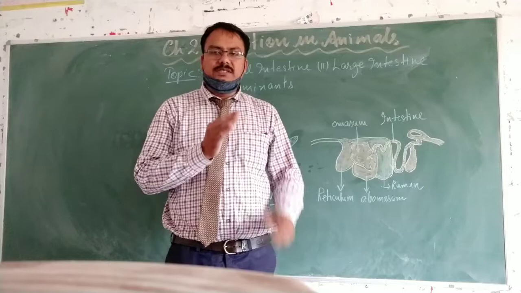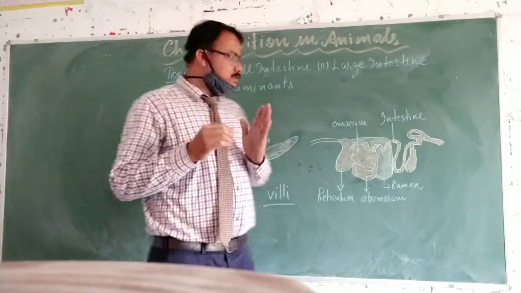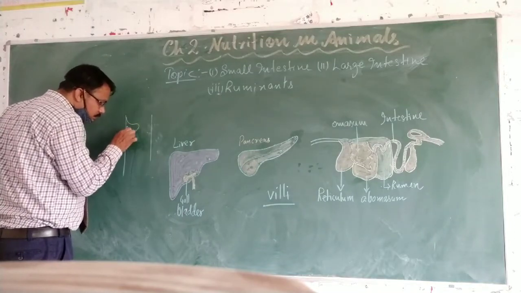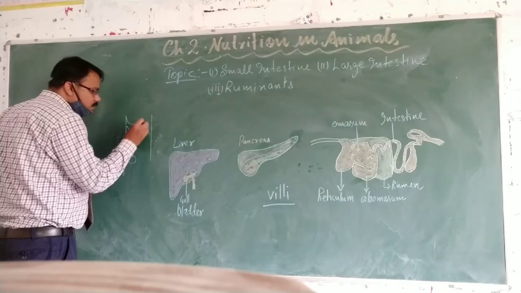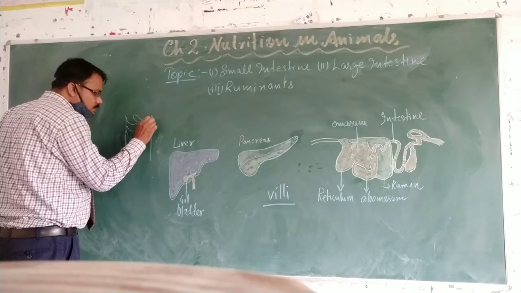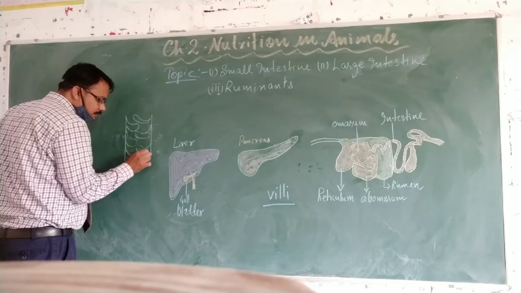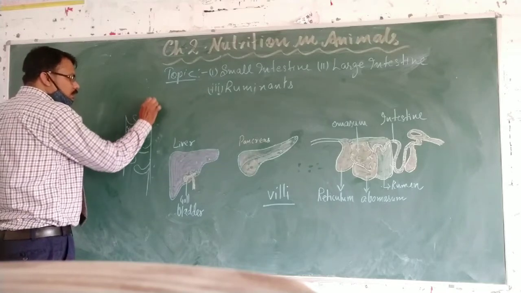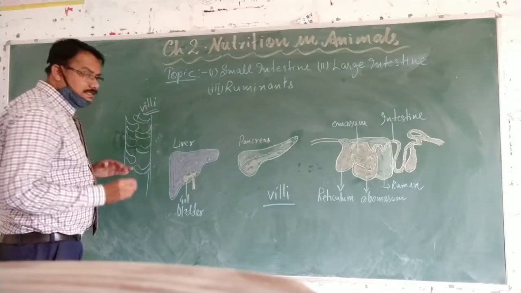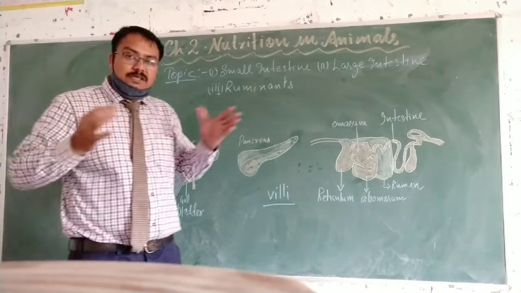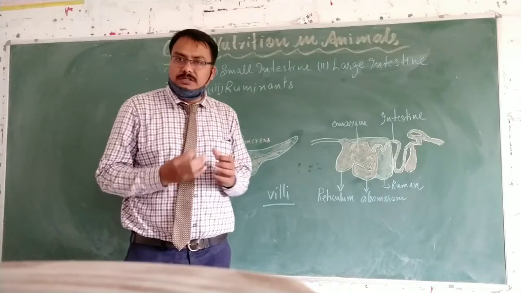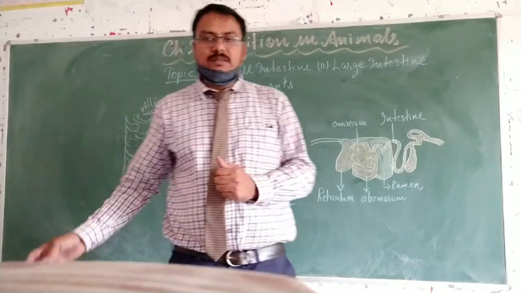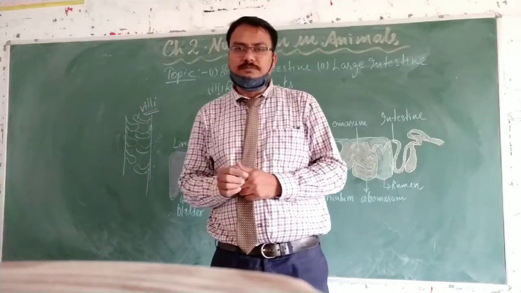They are in many folds inside the small intestine, villi-shaped, finger-like, that increase the surface area of absorption. As much as the surface area, so much is the absorption. The greater the surface area, the more the absorption. So villi in the small intestine increase the surface area for absorption.